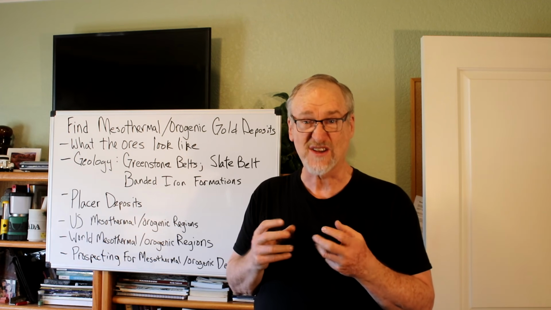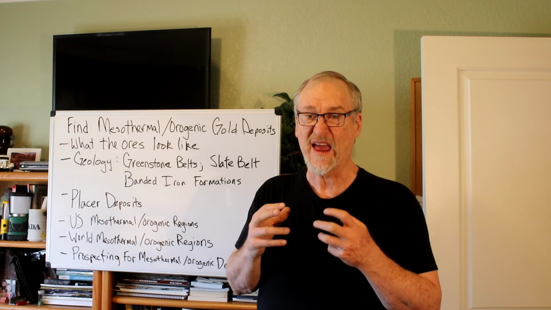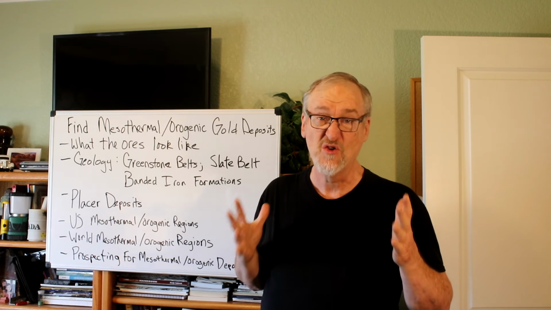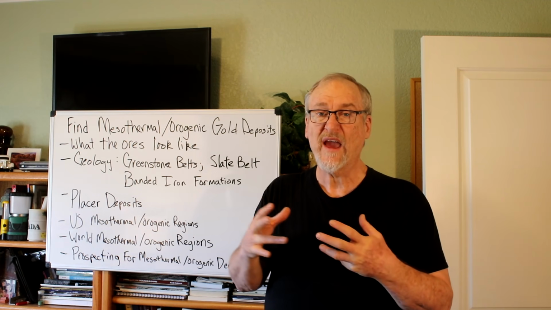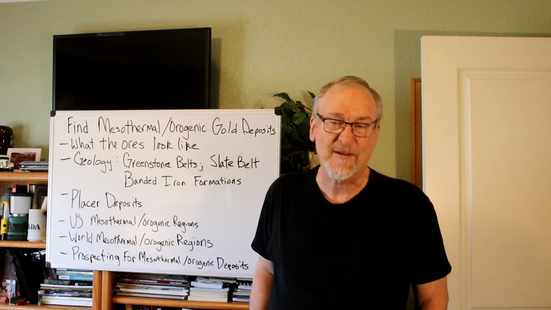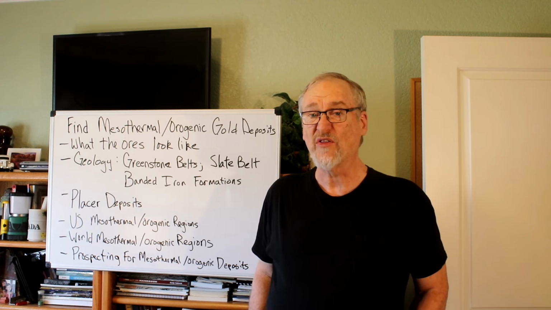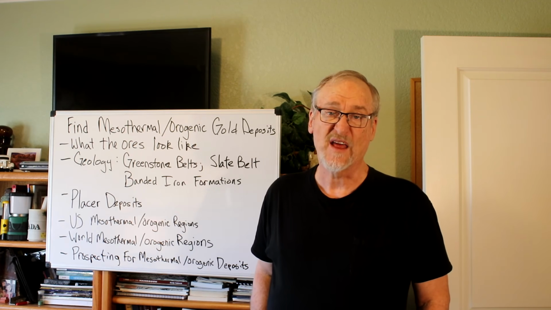You can crush them and get the gold out because it's not too small, and because the veins are fairly high grade, you don't have to crush a huge amount of rock to get a decent amount of gold. Over the whole earth, most commonly, these types of deposits are worked by underground methods, although there certainly are disseminated, stockwork and other types of deposits that are worked by open pit.